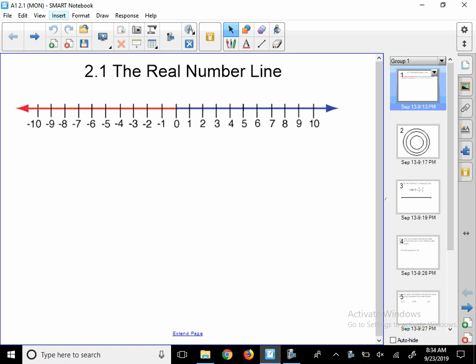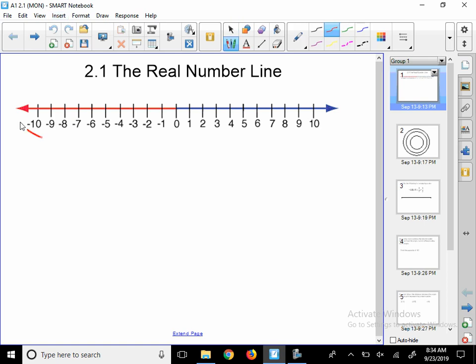So today we're going to talk about 2.1, the real number line. We're going to spend the whole time talking about numbers and different types of numbers. As on the board here, you can see we've got a number line. Everything back here in the red, not zero, this is our negative numbers.